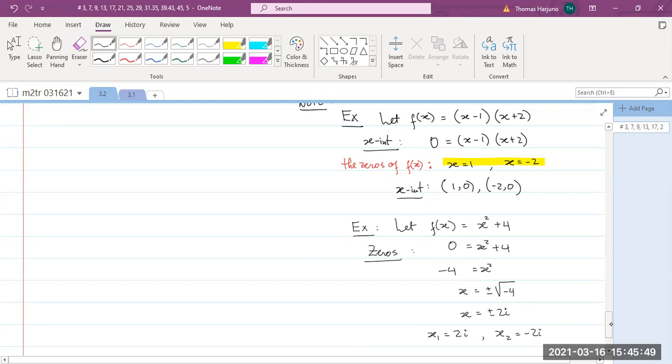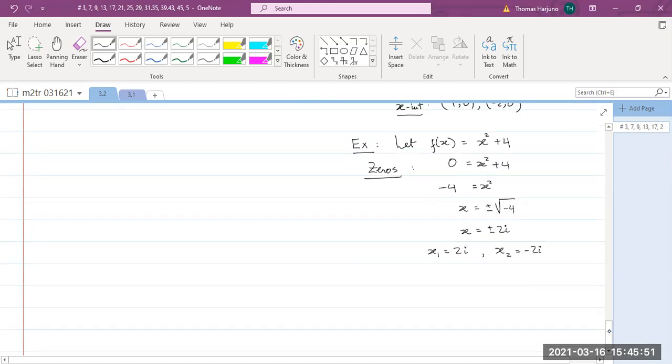So it has two zeros. But because those zeros are not real numbers, consequently, no x-intercept.